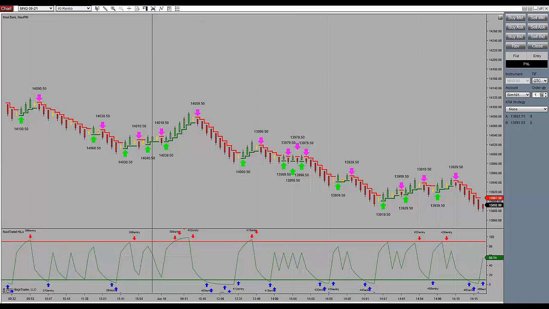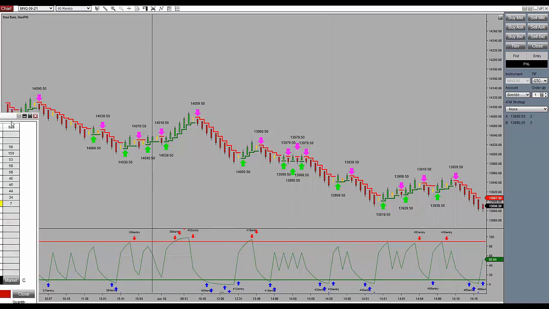All right, so E-mini and Nasdaq are very correlated. So as long as the Nasdaq is moving lower, the E-mini will usually do the same thing.